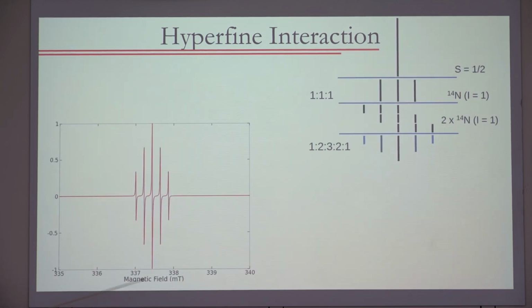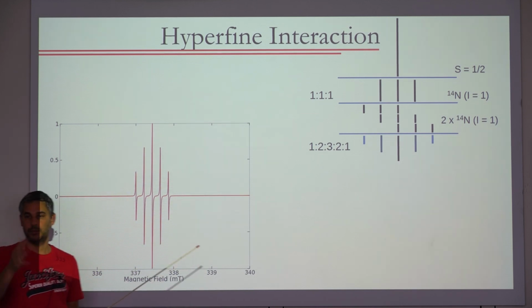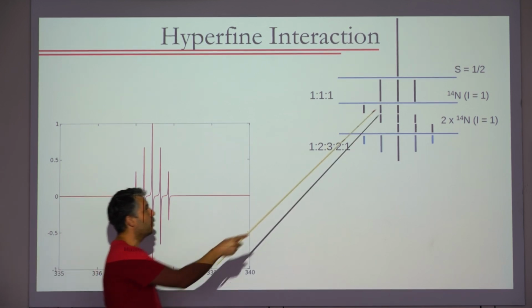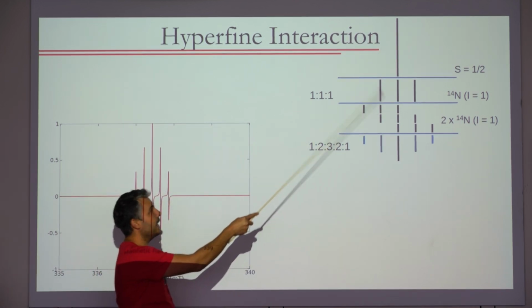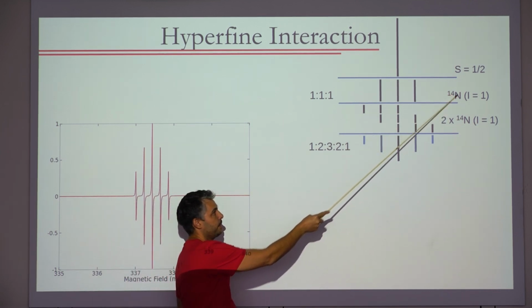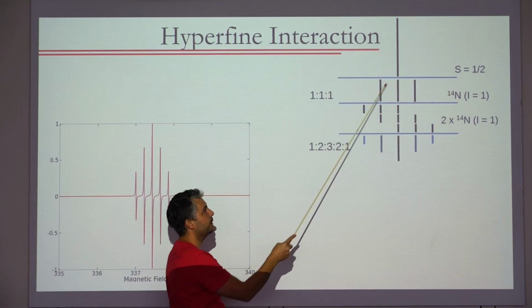So the hyperfine interaction for simple isotropic cases is important for many organic radicals. In an isotropic case, it's like when a molecule is moving around so fast that all the anisotropy gets averaged. So if you start with one possible transition in the absence of a nuclear spin, and you add one nucleus of 14 nitrogen, you split into 3.